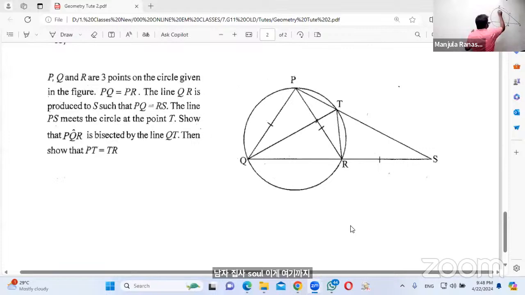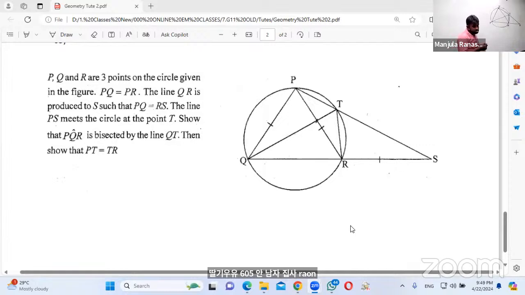And PQ and PR are drawn, and this is being connected. Right. This is the arrangement.